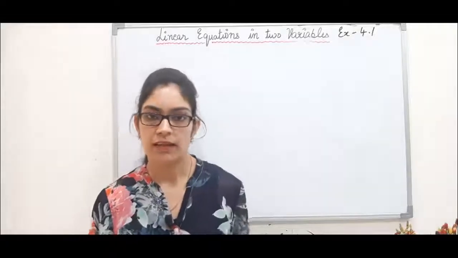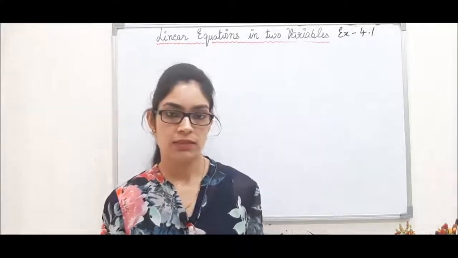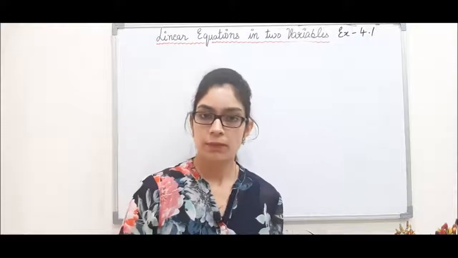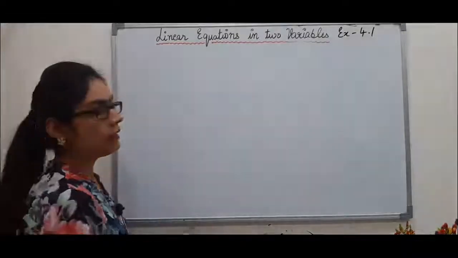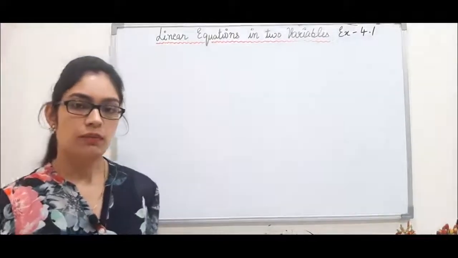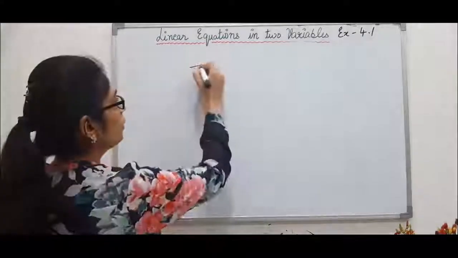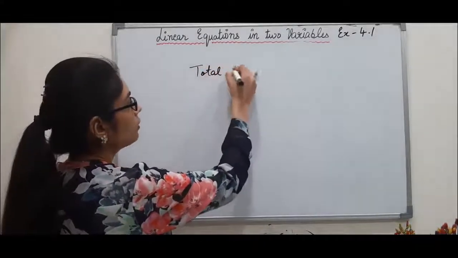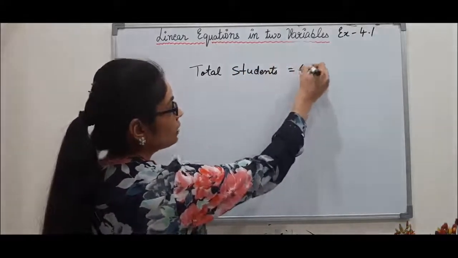Before starting with the exercise, I just want to share the situations where you can use linear equations in two variables. A common example: in your class, boys and girls are there. In your class, the total number of students is 40, we are assuming.